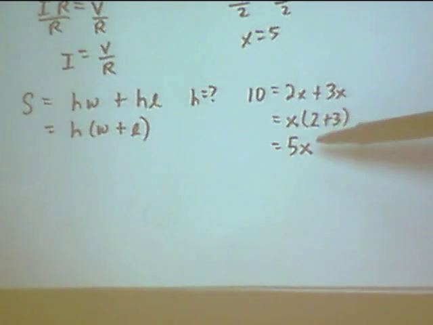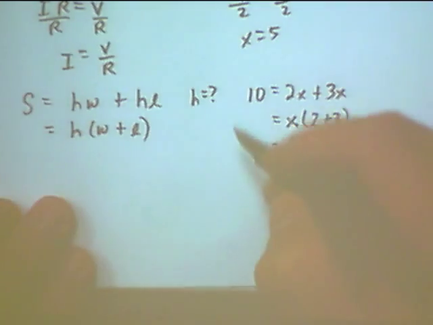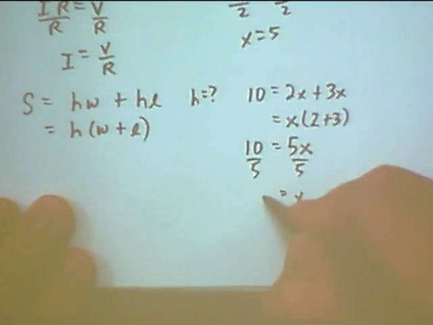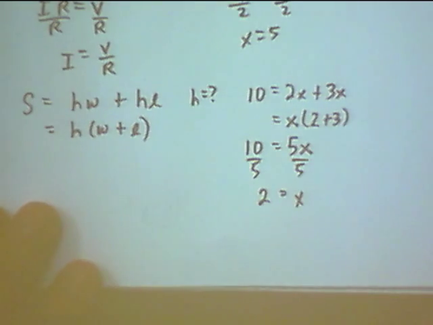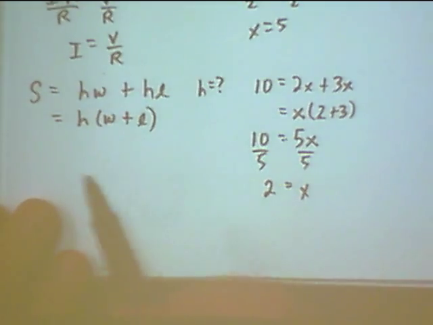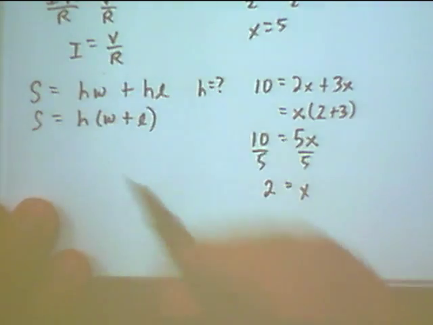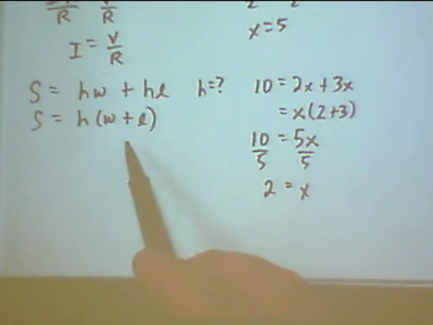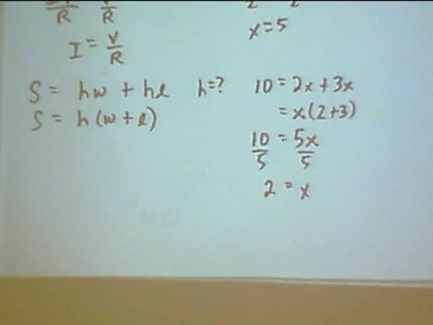Now going back to my number equation, now that I want to solve for x, what do I do with the 5? Anytime you have a number multiplied by your variable, you divide both sides by that number, and then you've solved the equation. So what do I have over here? Well, here's the variable I'm trying to solve for, h, and now it's multiplied by a whole parenthesis.